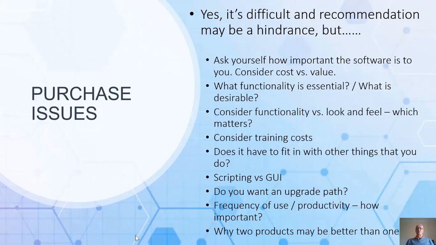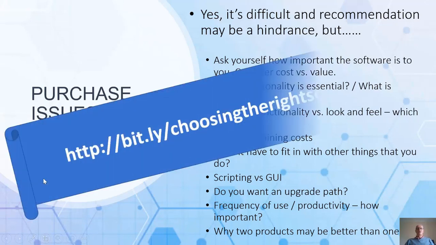And I don't think there's any reason sometimes not to consider using 2 bits of software for different types of work, because it might reduce your costs significantly and actually make you more competitive in terms of what turnarounds you can offer and how you approach it, and having staff flexibility. So that's what I'm going to wrap up on purchase issues.